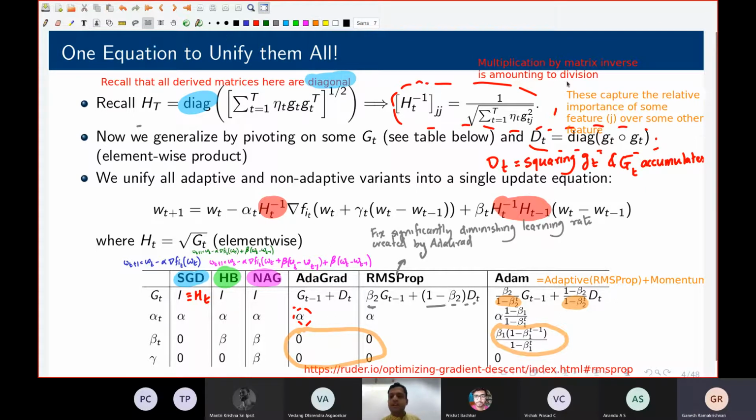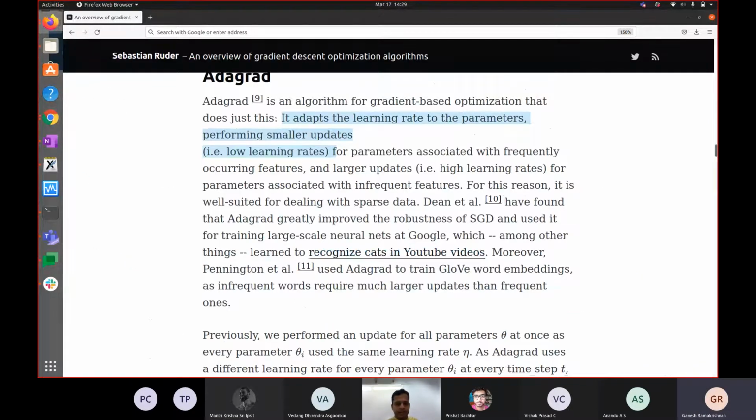That's the basic intention, or another intuitive understanding of what these adaptive methods do, and it's been explained here. You're performing smaller updates for parameters associated with frequently occurring features and larger updates for parameters associated with infrequent features. So if a feature is very frequent, your update can be small because there's anyways an effect of frequency. So it's often suited for sparse data.